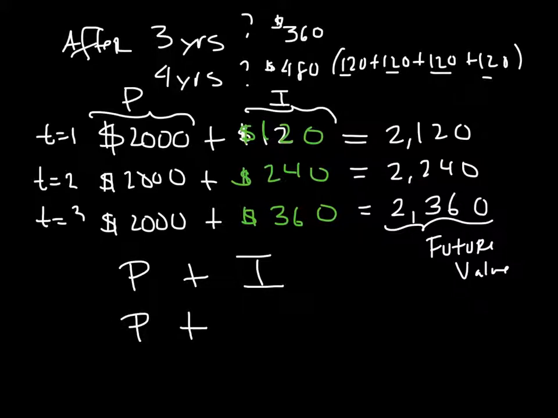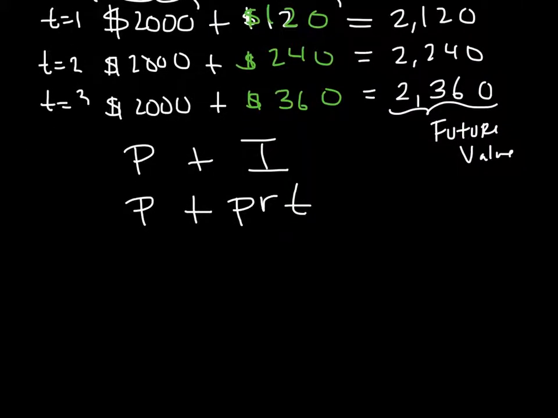I was P times R times T, so I can replace I with P times R times T. Now, what do these guys have in common? There's a P, so I can factor out a P. P times 1 is P plus RT. Distributive property. P times 1 is P. P times RT is PRT.